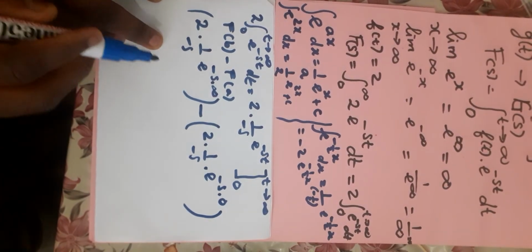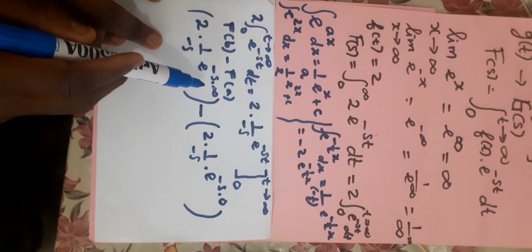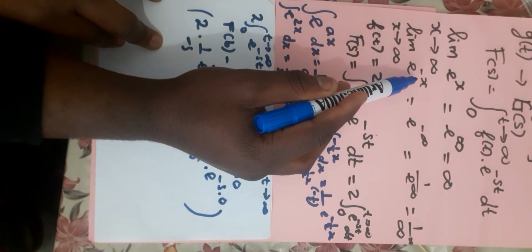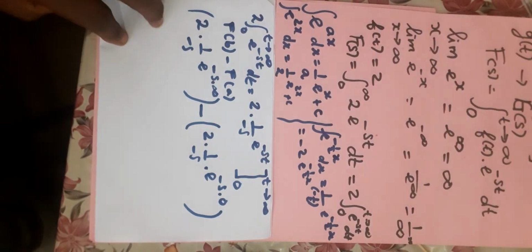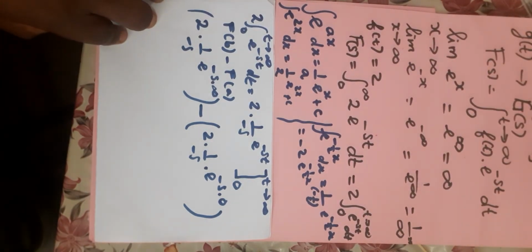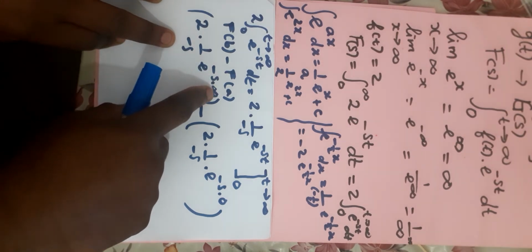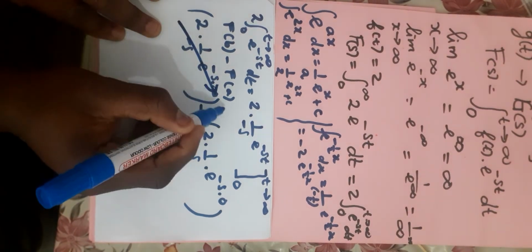We already demonstrated that when we have e to the power minus x with the limit going to infinity, it tends to 0. So this whole first part becomes 0.